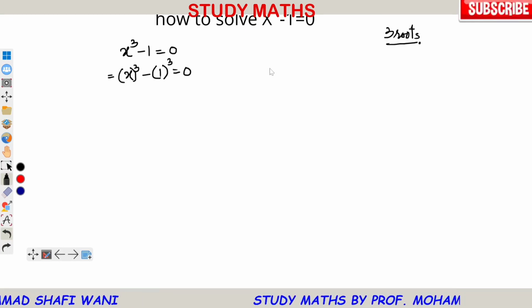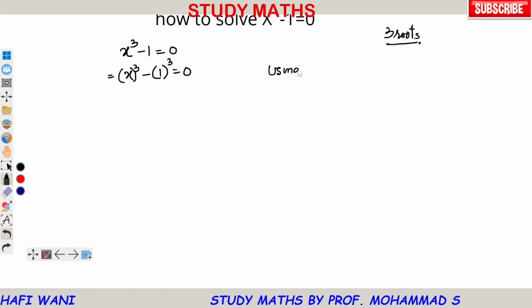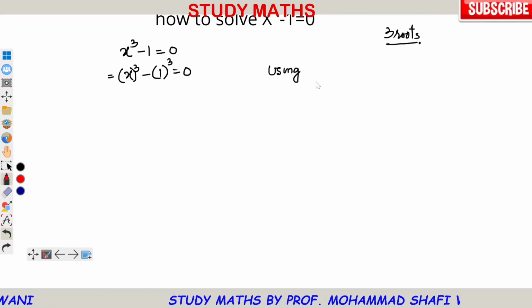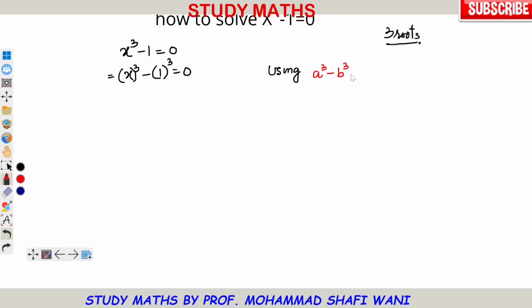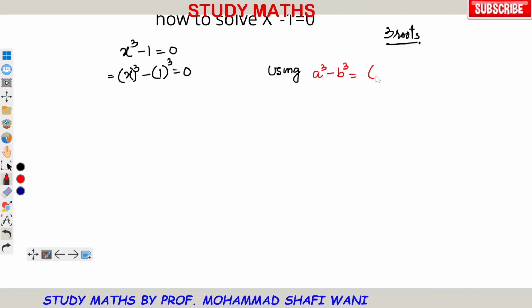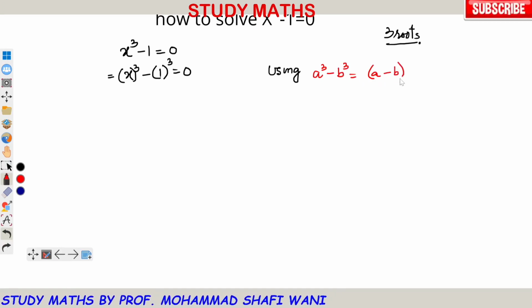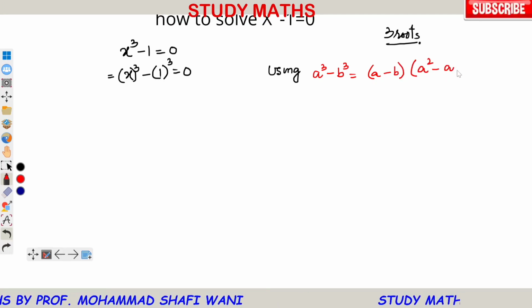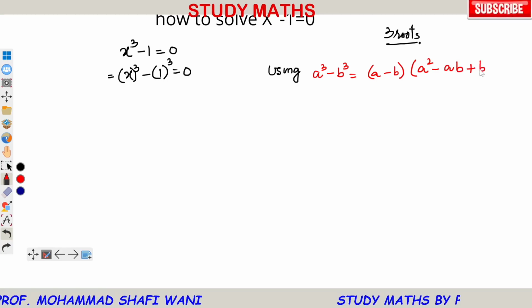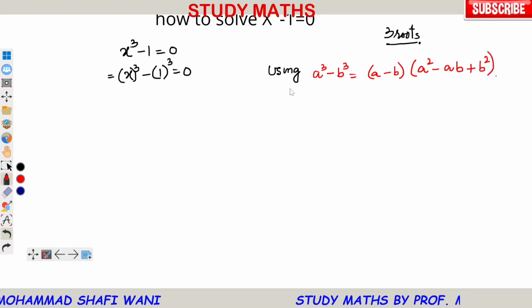Now, using a formula, you know that formula is a cube minus b cube, that's equal to (a minus b) into (a square plus ab plus b square). This is the formula for a cube minus b cube.